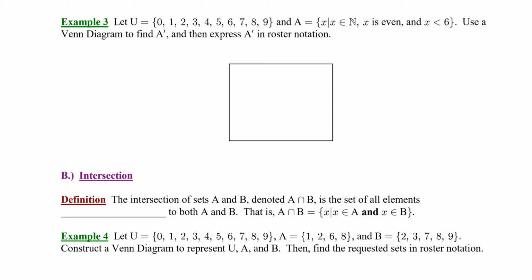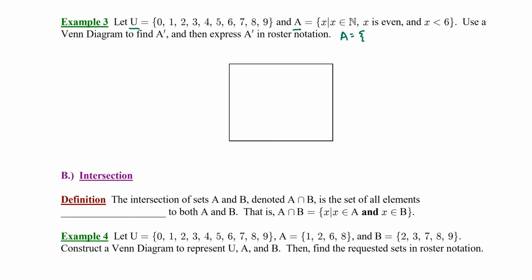Use a Venn diagram to find A complement, and then express A complement in roster notation. Remember, U is given in roster notation in this case, and A is given in set builder notation. To see the specific elements of A, it might be helpful to translate A out of set builder notation into roster notation.